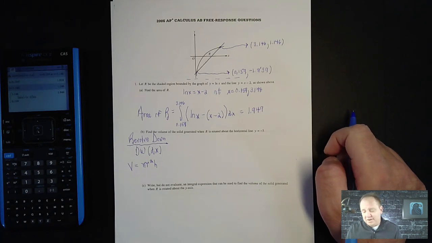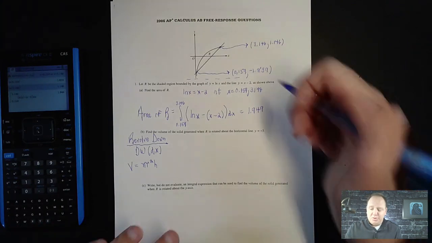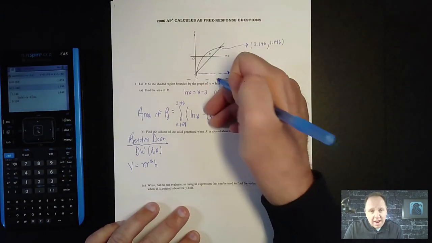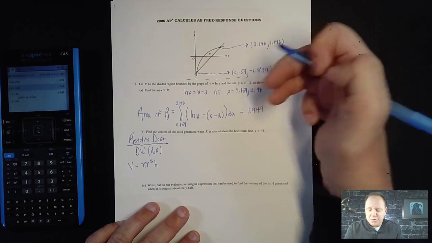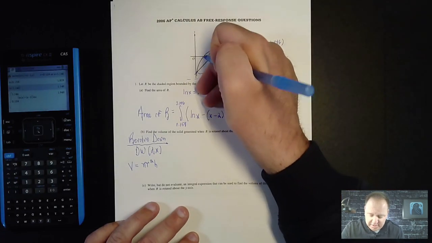Now there's one fundamental about volumes of revolution with the disk and washer method when there is a gap between the shaded region and the axis of revolution. You're going to have to set up two radii.